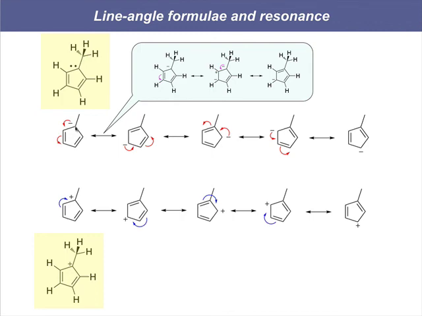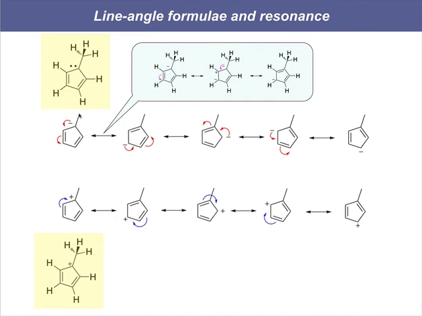The trickiest part of this is the charge. That charge is supposed to represent that it's on this carbon right here. Now, you should know at this point that a carbon with a negative charge has 3 bonds and a lone pair.